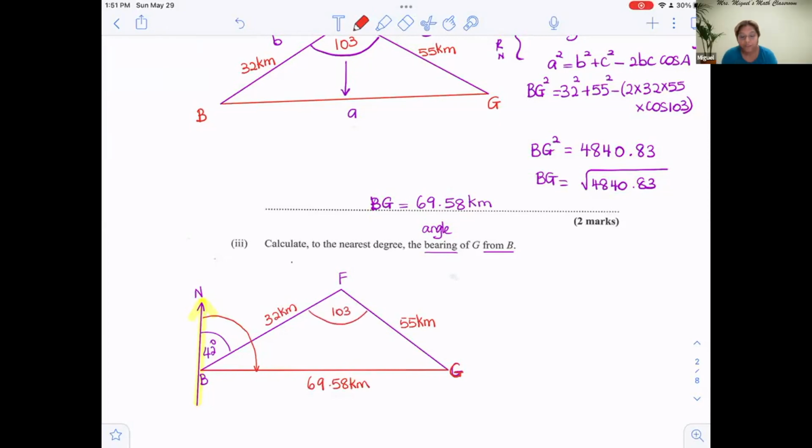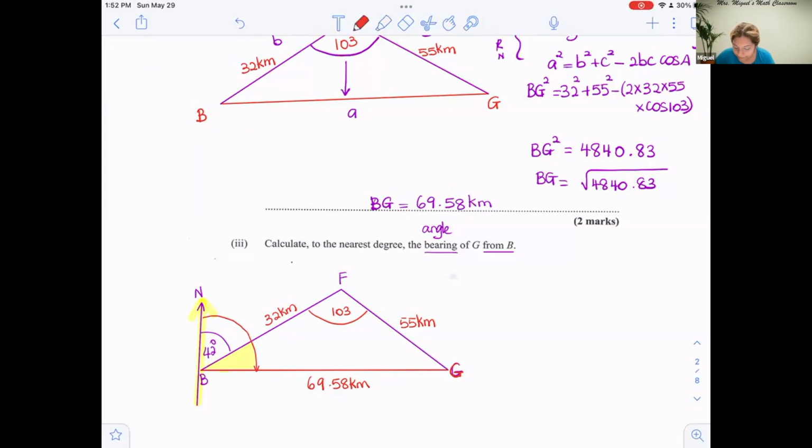This is 103. So what do I want to find? I need to find this angle here. I cannot use the cosine rule because I do not have the angle in the middle. So I will use the sine rule.